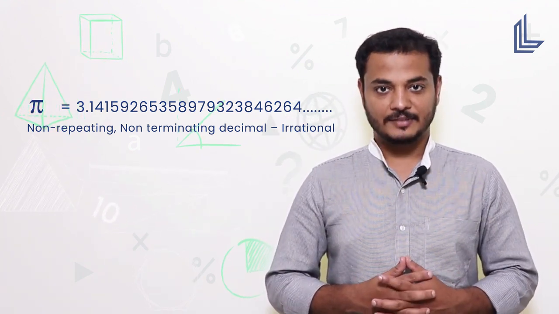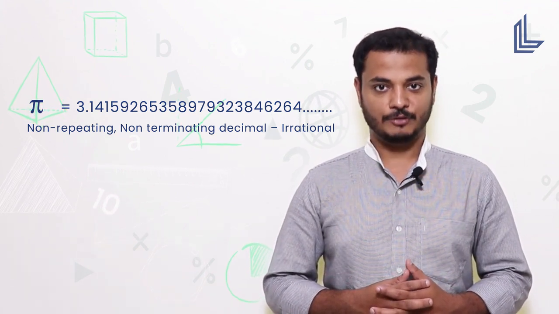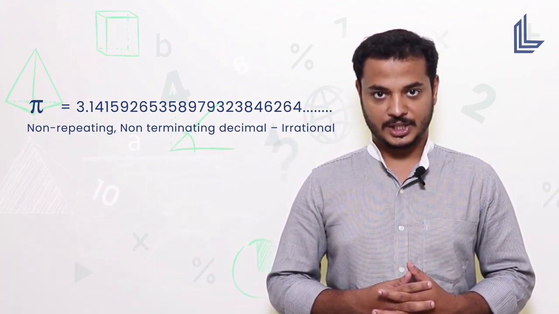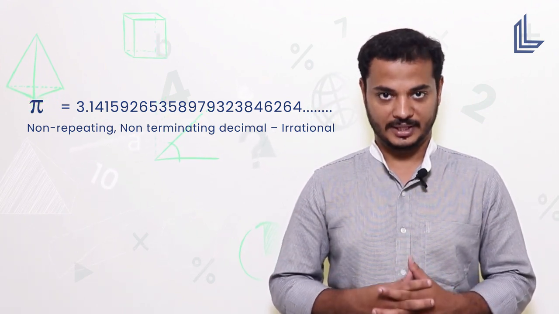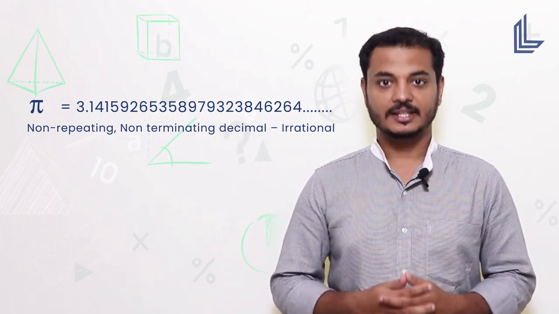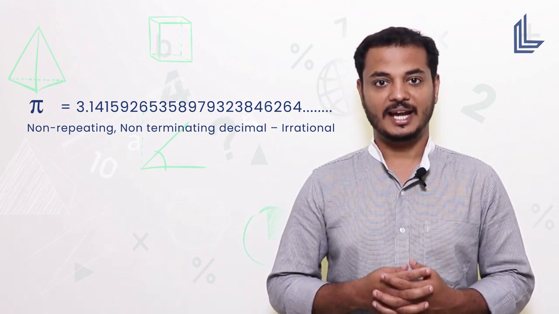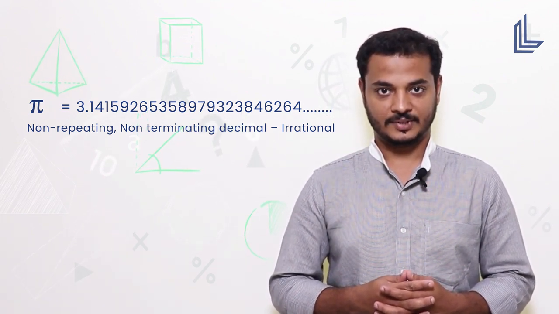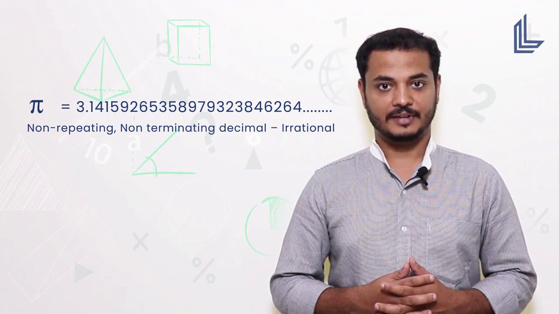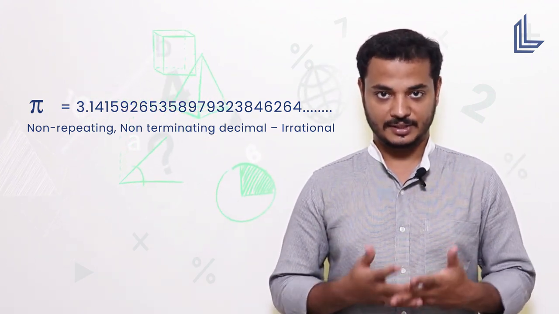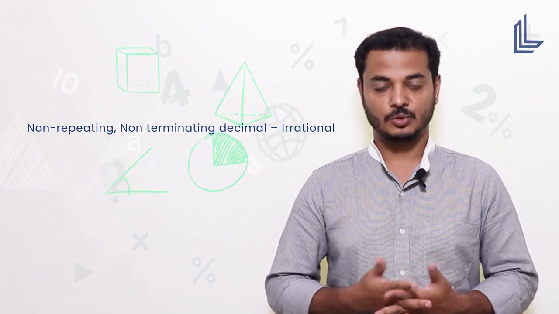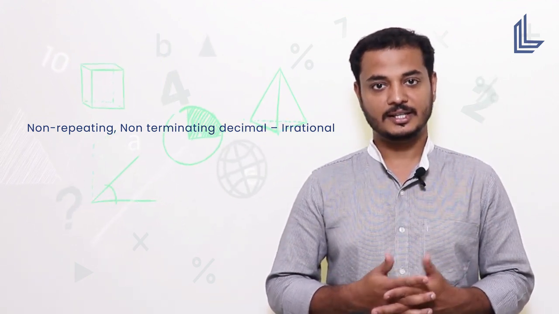Similarly, if the number is given in the decimal form, what you need to check is if it is non-repeating and non-terminating. If yes, then that is going to be an irrational number. So that's how you identify rational numbers and irrational numbers if it is given in the form of a fraction, root, or in the decimal form.